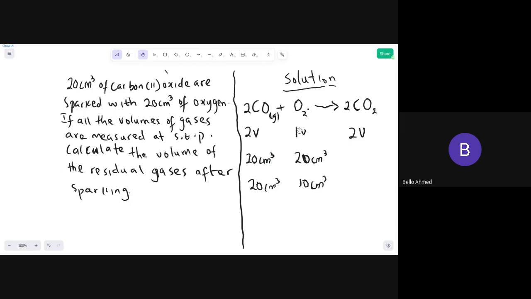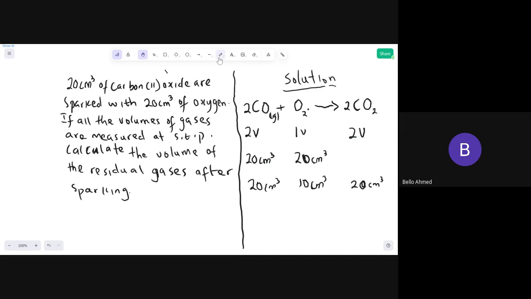And that is why this 1 volume of oxygen must be 10, and 2 volumes of this must also be 20. So we are going to say the product formed is actually going to be 20 cm³. Well, we have actually done this, and that is why the balanced equation is very important here.